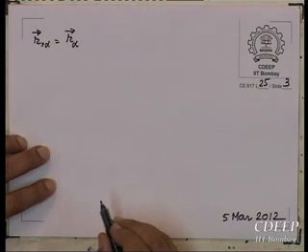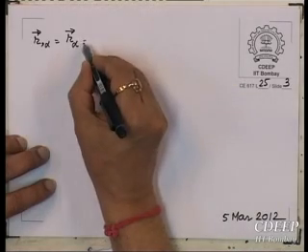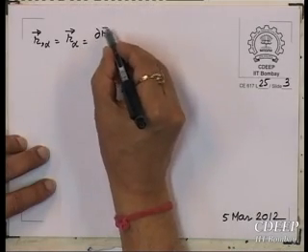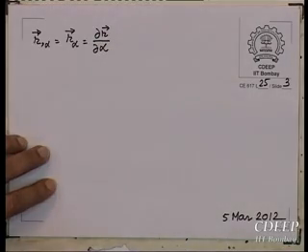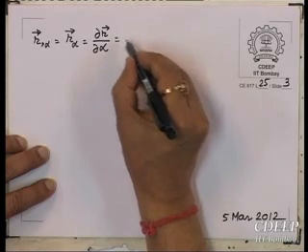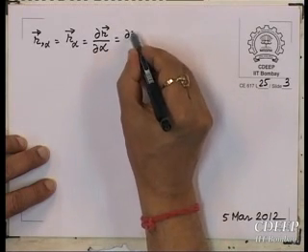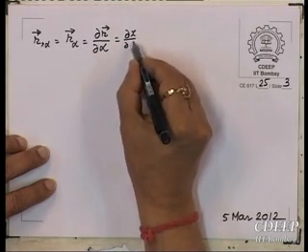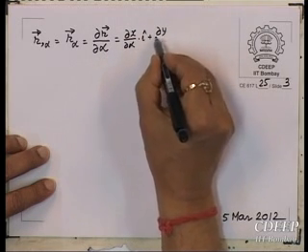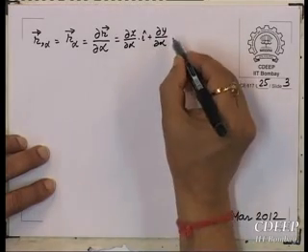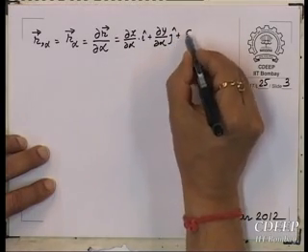This is also a derivative. That means this is equal to dr by d alpha, which will be nothing but dx by d alpha into i plus dy by d alpha into j.